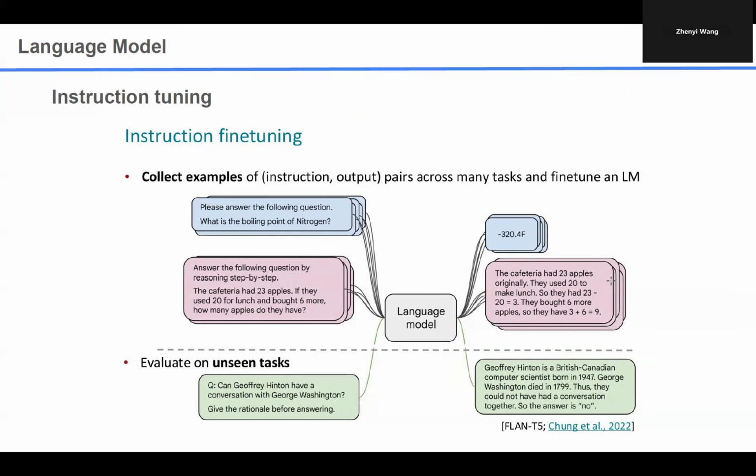By collecting these instruction and output pairs, we will have lots of fine-tuning tasks. During the evaluations, we will evaluate on unseen tasks, such as: can Geoffrey Hinton have a conversation with George Washington? This kind of reasoning task.